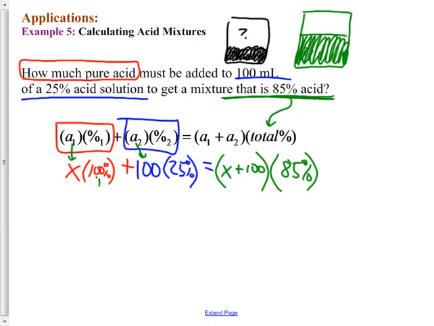So 1 times X is just X. Plus 25% is 0.25, and 0.25 times 100 is 25. Equals. And 85% is the same as 0.85, so 0.85 times X is 0.85X, and 0.85 times the 100 is 85.